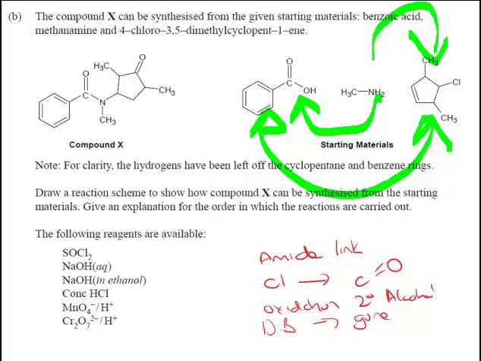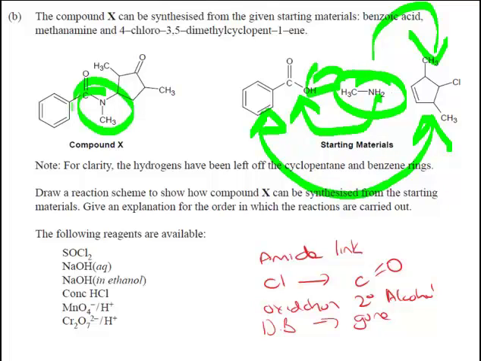Now I think a reasonable thought is that when we finally react the amine and make the amide link here, that's probably going to be one of the last reactions we do.